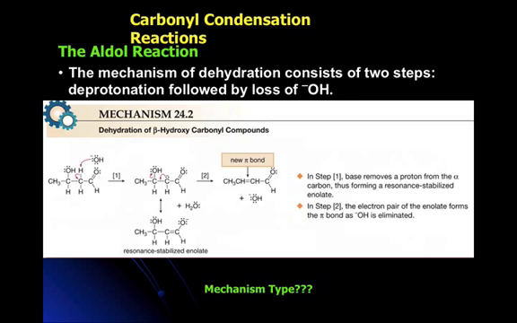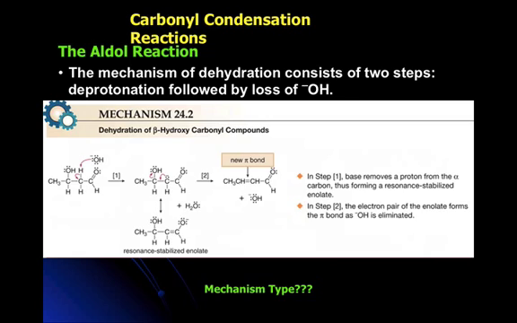So now you have three mechanisms to think about when you think about elimination. E1, which goes through a what intermediate? Carbocation. E2, no intermediate, it's concerted. And then E1CB.